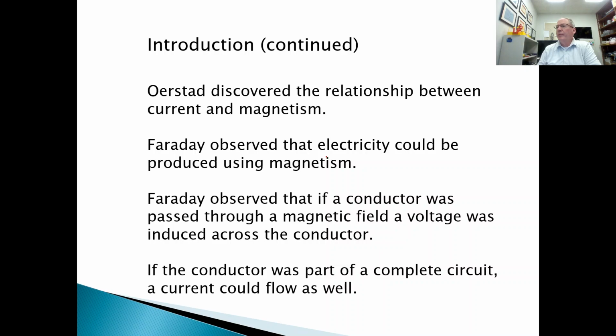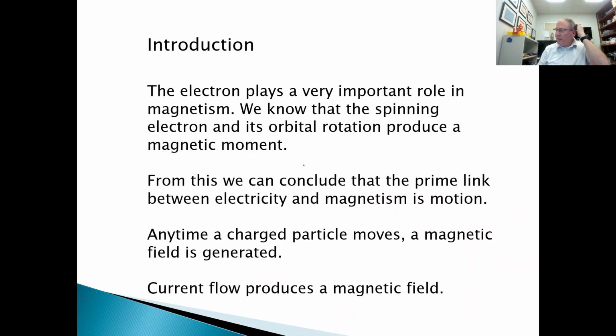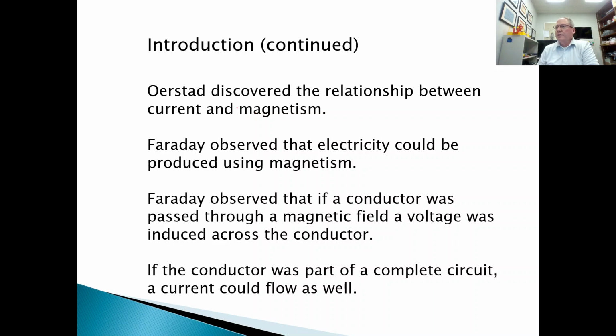The way this is done, Oersted discovered this relationship, and then Faraday observed that electricity could be produced using magnetism. So first one noticed the current and magnetism, and then magnetism and voltage and current.